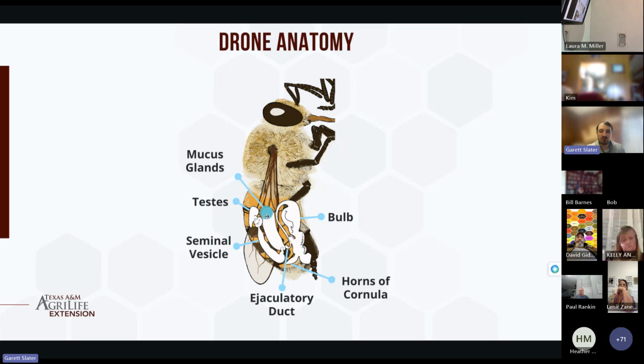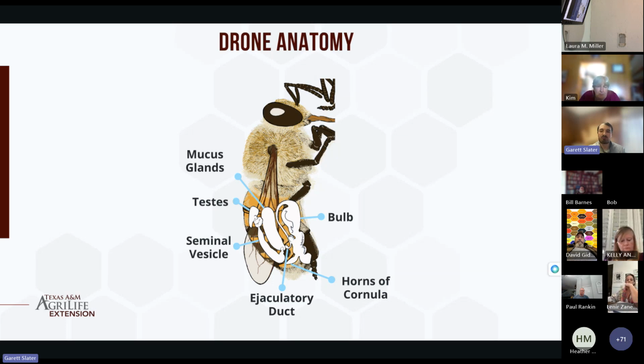And then we have these mucus glands. I talked about this a lot in the reading materials, but these mucus glands produce hundreds of different proteins, and these proteins do a lot of different things. One, these proteins protect the sperm from free radicals or things that could damage the sperm. They provide nutrients to the sperm to keep them alive for longer periods of time.